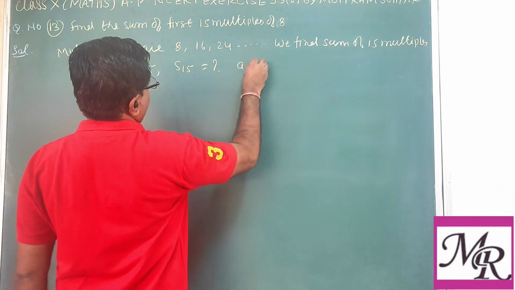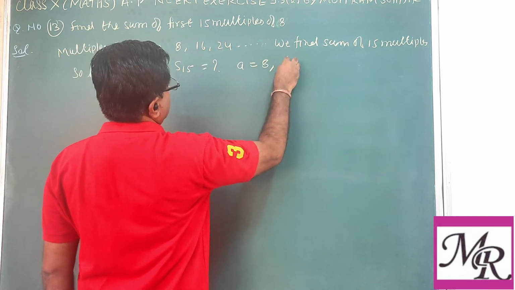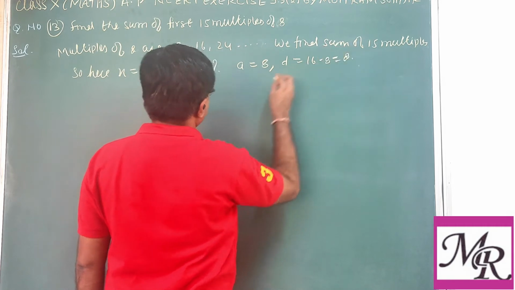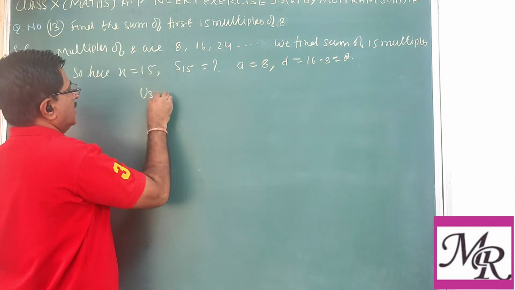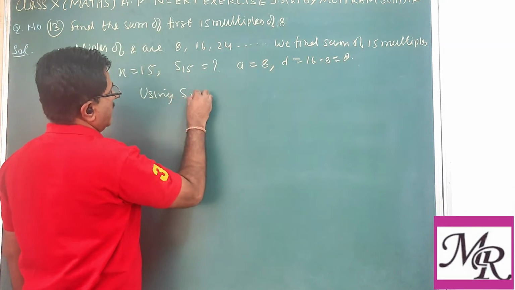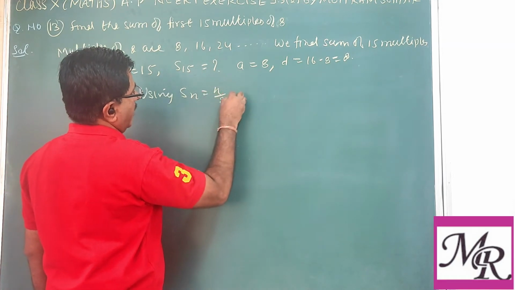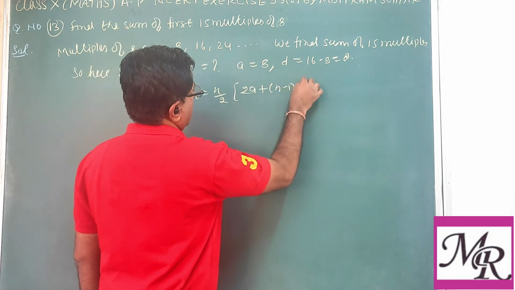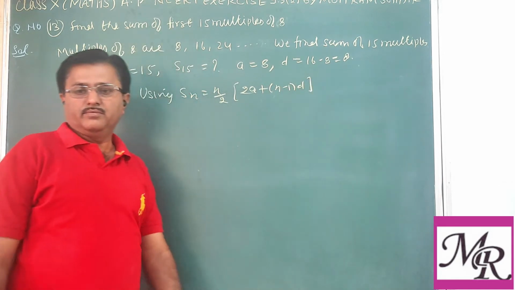So a equal to 8, the first term, and the common difference is also 8. So again using the formula, S n equals n by 2 into (2a plus (n minus 1) into d).